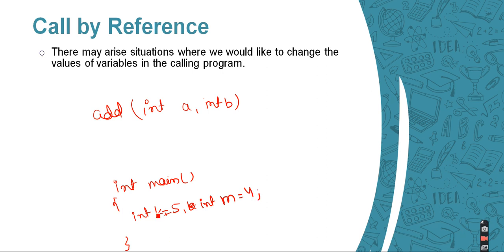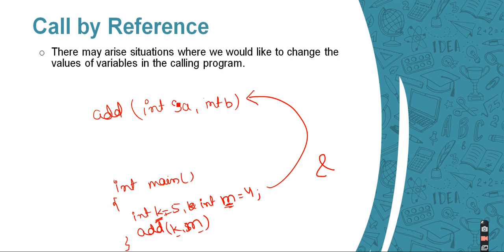Now I want these variables to be passed to this function. For that, I am going to use the address operator. So how can I do that? Add k comma m. I'll just provide the names of the variables here, and here I need to use the address operator.